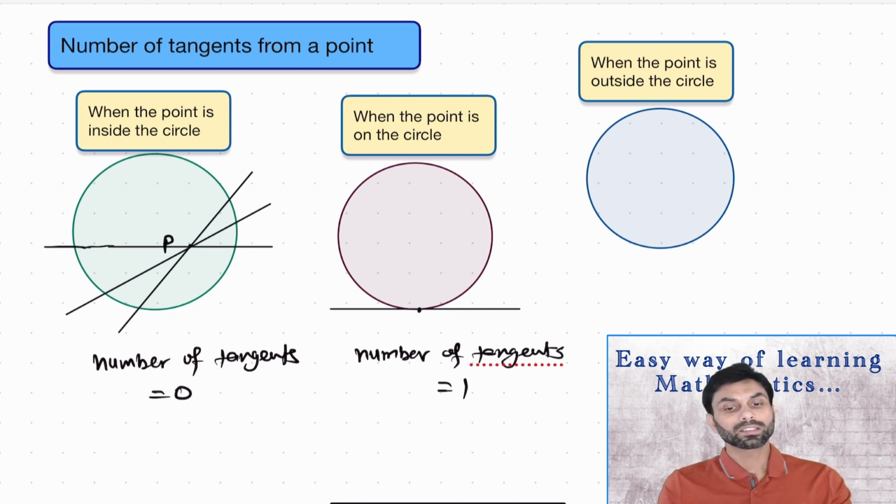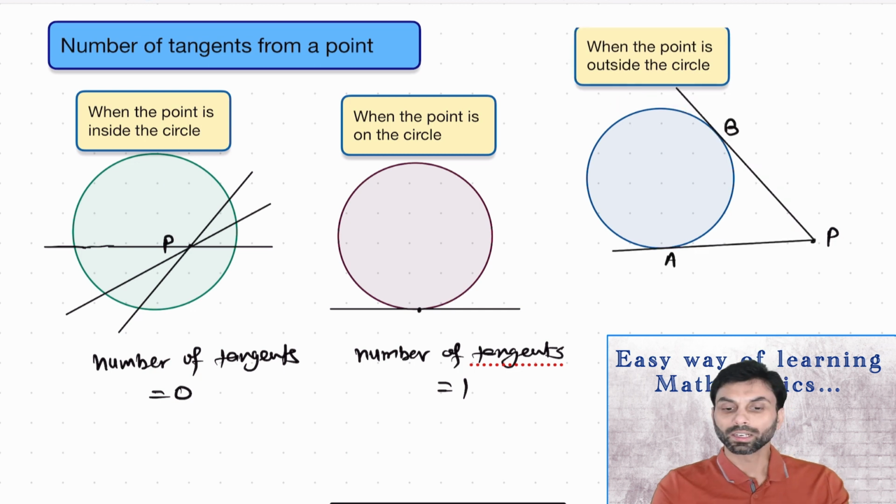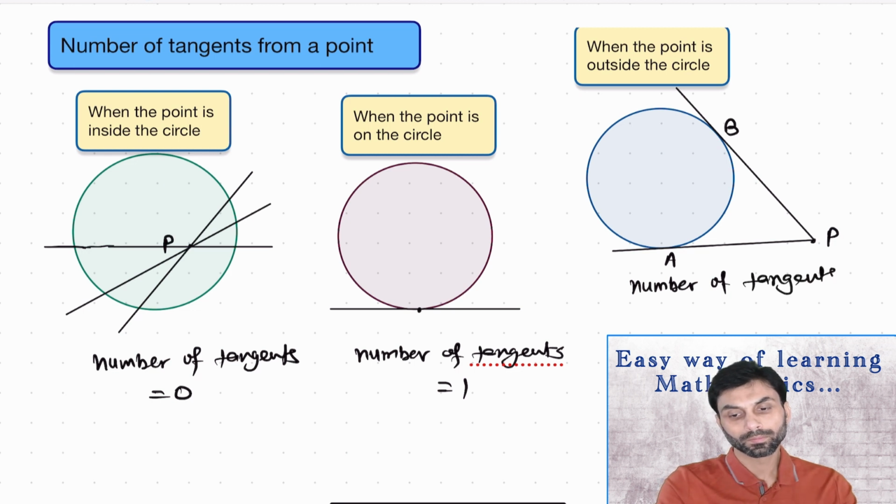And now the last case, where the point lies exterior to the circle. In that case, we will be able to draw two tangents. Suppose the point is here, and we draw the tangent from this point. Here the number of tangents will be equal to 2.